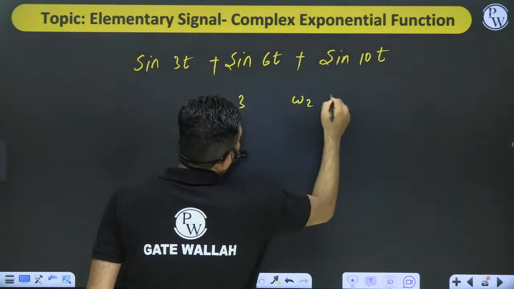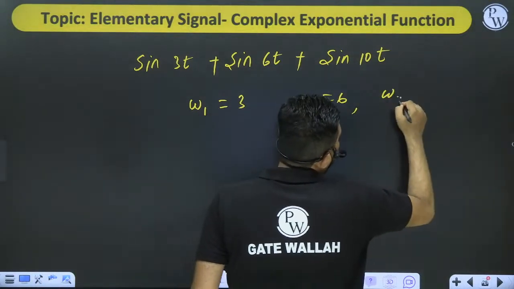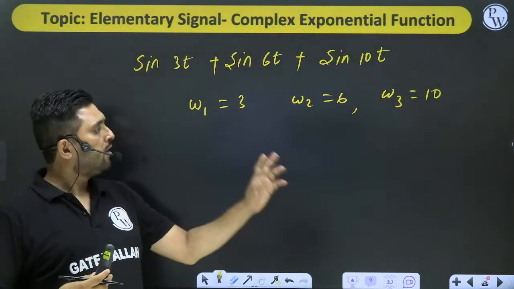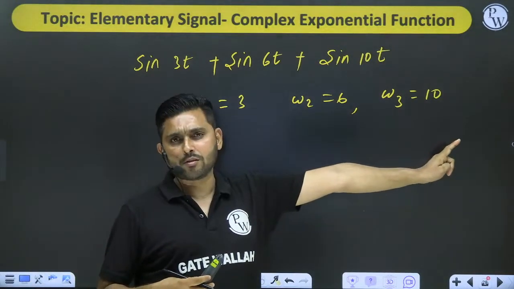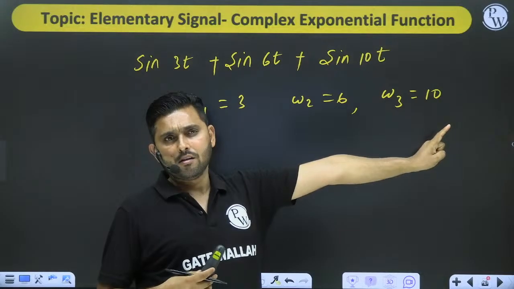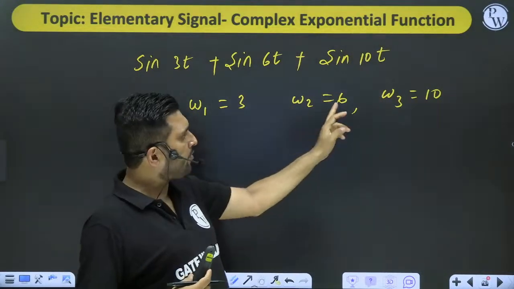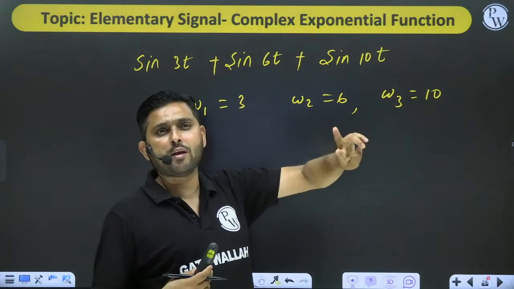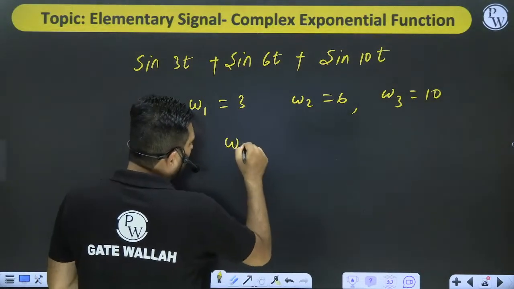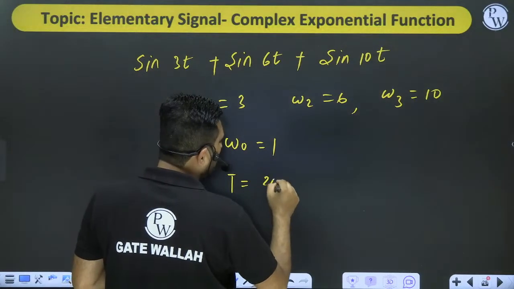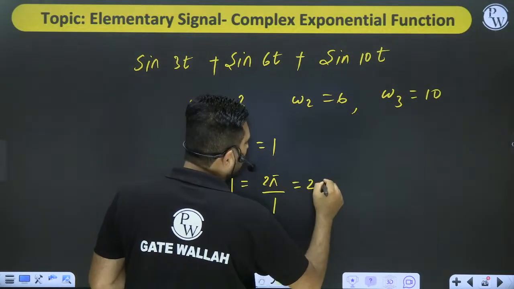Omega 2 is 6 and omega 3 is 10. Tell me what is the highest factor which divides the integer set of values of each of these omega. It is 1. 1 times 3 is 3, 1 times 6 is 6, 1 times 10 is 10. No other values. This means that this omega naught comes out to be 1 and T comes out to be 2 pi by 1, which is 2 pi.